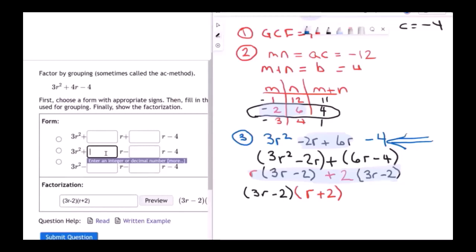The bottom is minus minus. I have plus, and I'm going to put a 6 here because that's the plus term. And this is going to be a 2 because that's my minus number. And then I have minus 4. 3r squared plus 6r minus 2r minus 4.